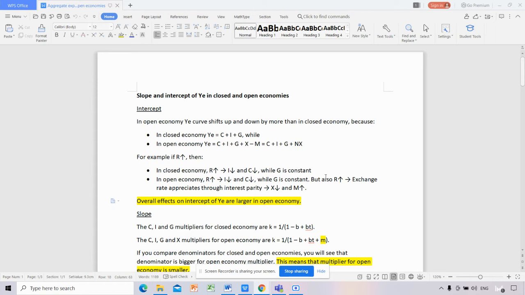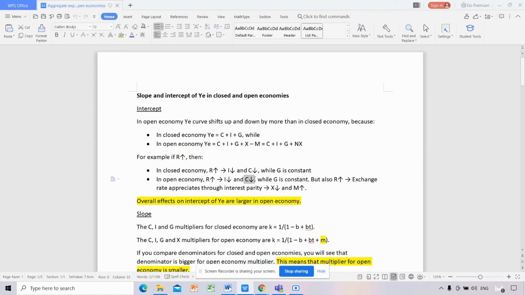If interest rate is higher, there will be more inflow of financial capital, there will be smaller outflow of the financial capital, and demand for domestic currency will increase, and the currency will appreciate. And there will be a decrease in exports and an increase in imports. So overall, the effect on intercept would be larger in an open economy.